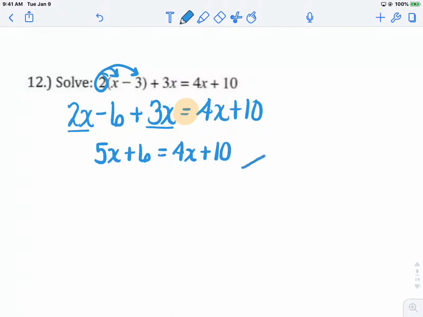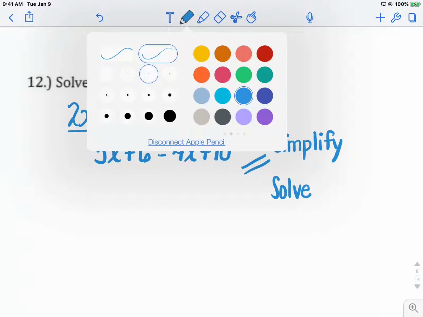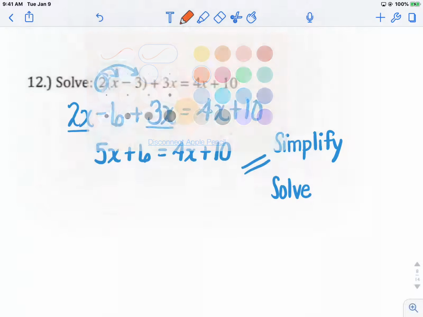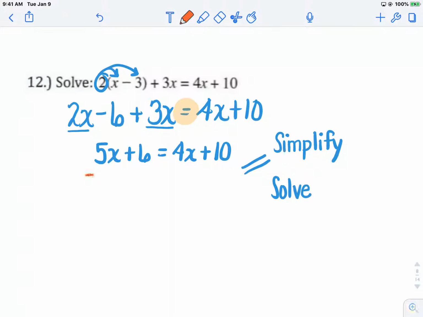So we've got to do all that and simplify before we can actually start solving, meaning moving things from side to side. So now that each side is simplified, we can go ahead and start to actually solve, which means inverse operations operating on both sides. And I'll switch colors so that we've got a different color. So I would bring both my x terms to the same side.